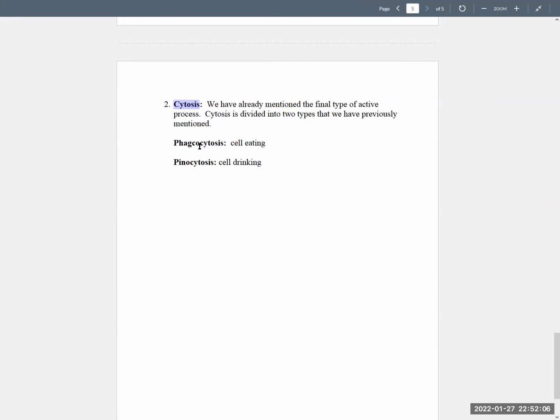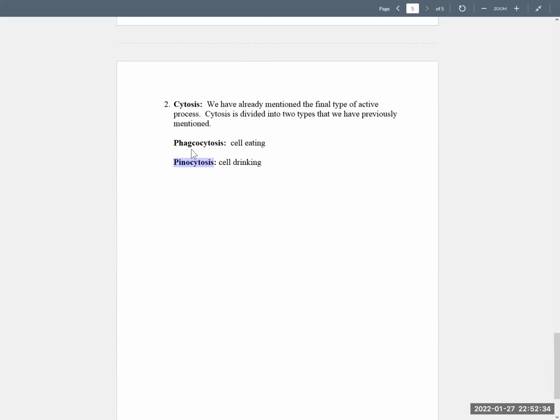Cell eating, when a bacteria or cellular debris is brought into a cell, is done by phagocytosis. And cell drinking, when only fluid is brought in with solids, is pinocytosis. Those golf ball like indentations that we talked about, pulling material in, that all requires energy.